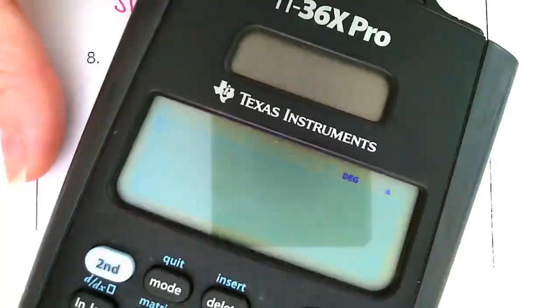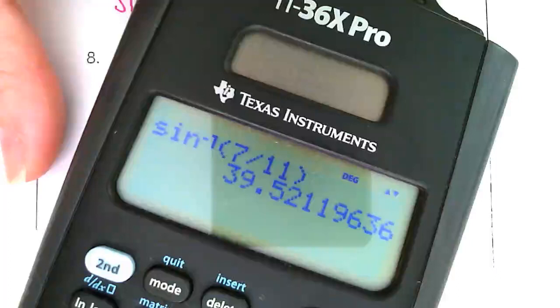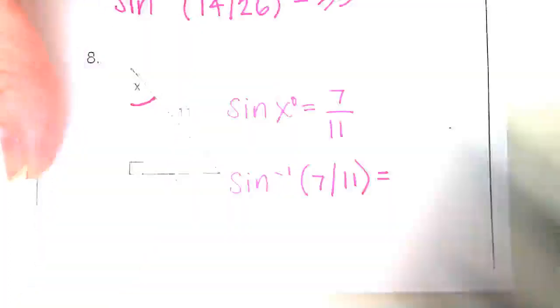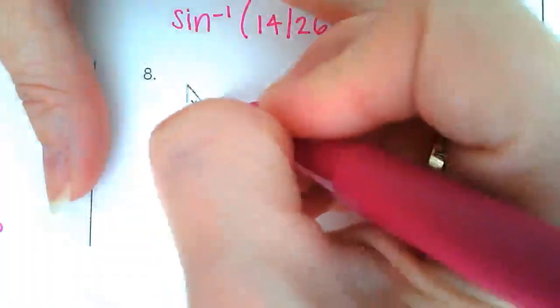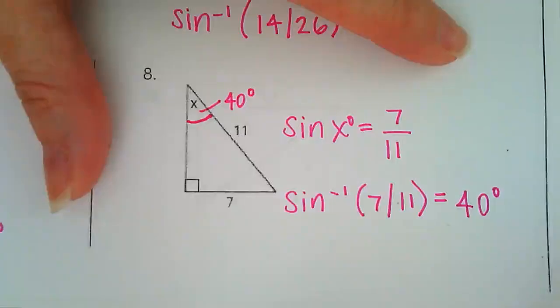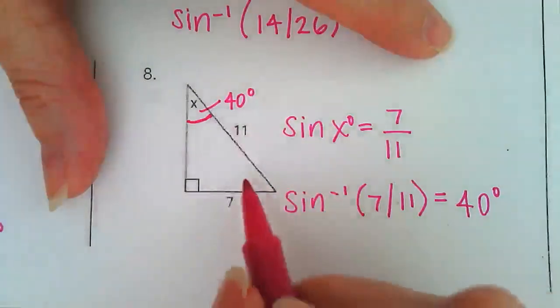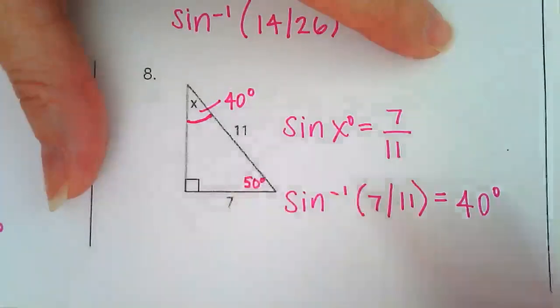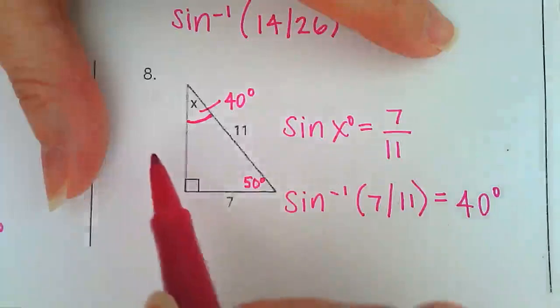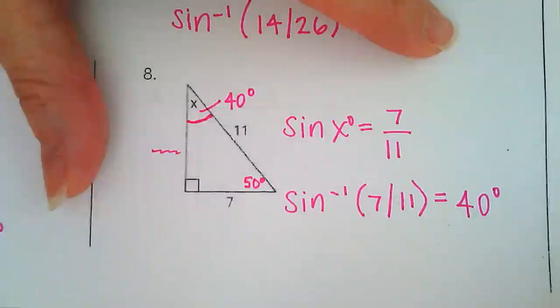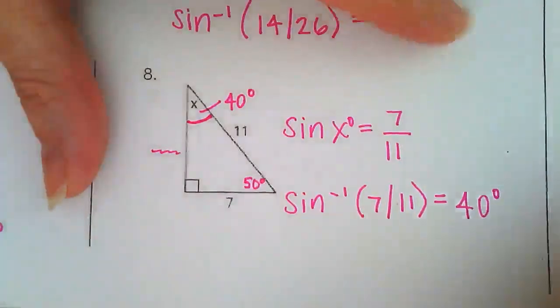If we clear this, the inverse sine of 7 over 11, and we get 40 degrees. So this angle right here is 40 degrees, which means this one is 50. Then I can use the Pythagorean theorem to work backwards to figure out the length of this side right here. All right, moving on.